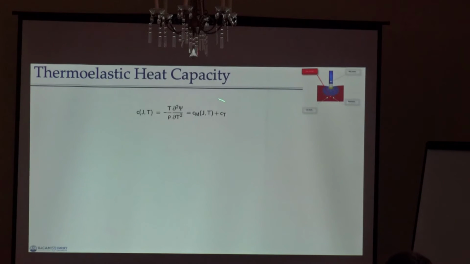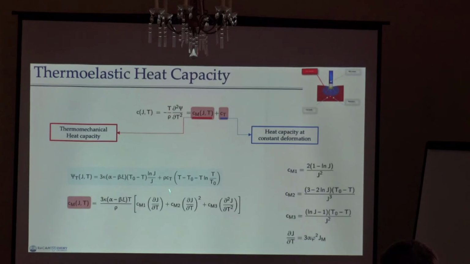If you make this computation, you have a constant heat capacity, which is basically the reference value that we all know, plus an additional term which depends on the second derivative of this strain energy density.